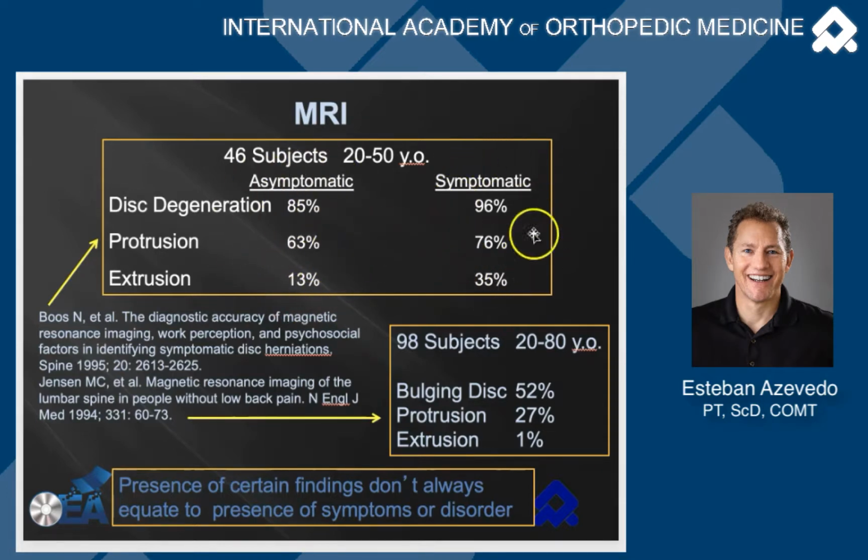In the symptomatic group, 96% had disc degeneration, 76% had a protrusion at one or more levels, and 35% had a disc extrusion. So these things, the protrusions, prolapse, extrusions, can all occur in people even without pain.